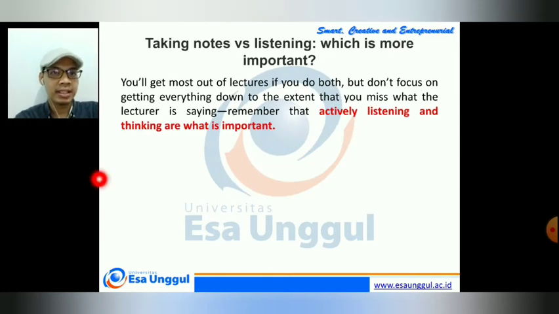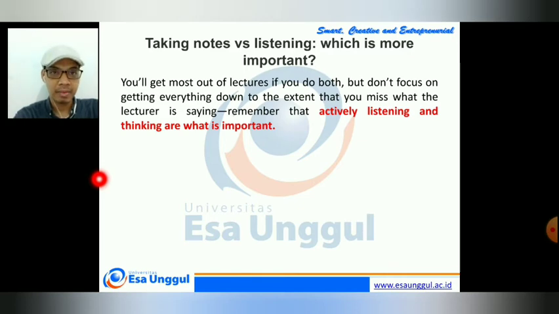Taking notes versus listening, which is more important? Can you guess which one is more important between taking notes and listening? Well, you probably get the most out of a lecture if you do both, but don't focus on getting everything down to the extent that you miss what the lecturer is saying.